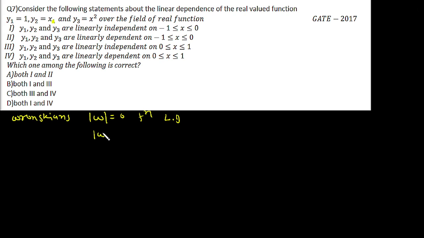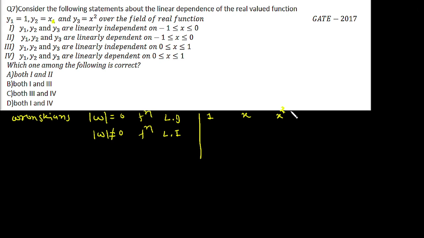And if the Wronskian of these three functions is not equal to 0, then the functions are linearly independent. So how to form the Wronskian of these three functions? First of all, let's write the three functions in the first row.